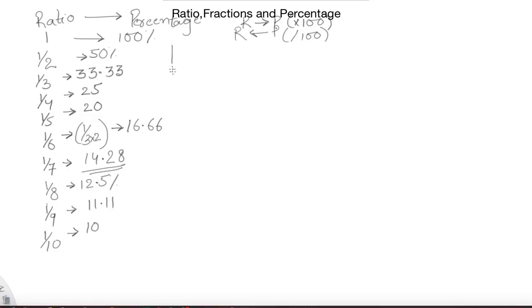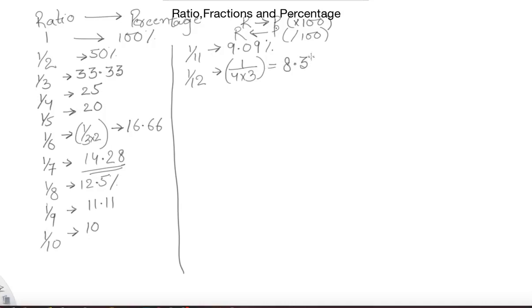Now 1 by 11 equals 9.09%, of course. 1 by 12 is nothing but 1 by 4 into 3, which equals 8.33%.